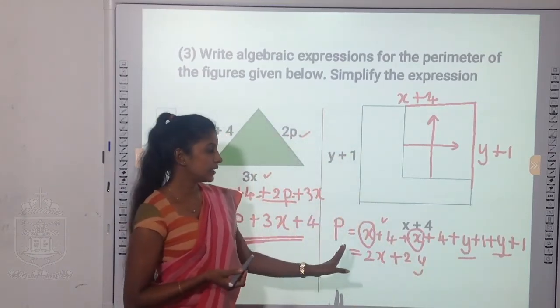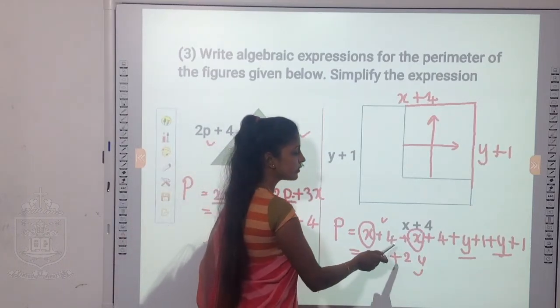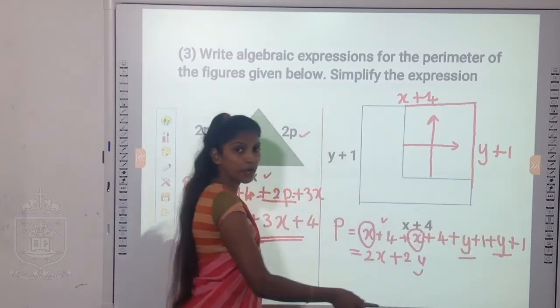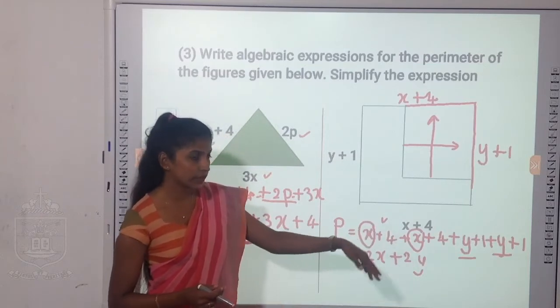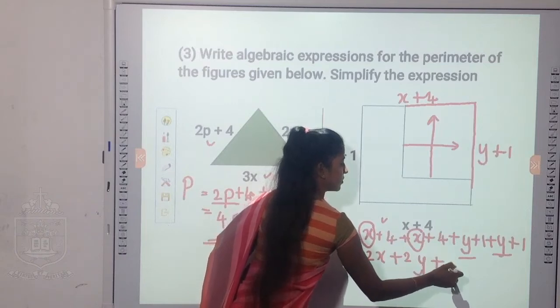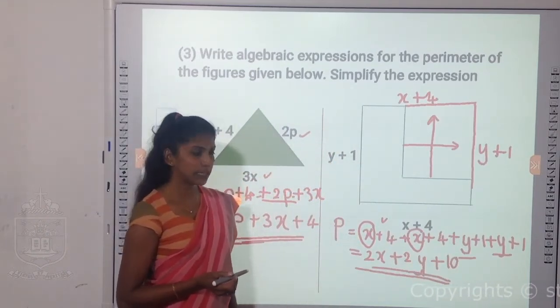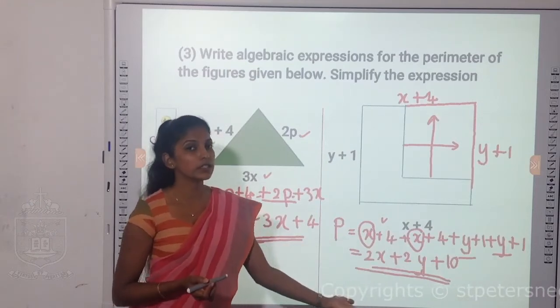And now finally you have to add all the numbers. So when you consider the numbers, what are the numbers? 4, 4, 1, 1. So 4 plus 4, 8, and with that 1 and 1 it will give you 10. So this is the final expression that we can develop, that will become the final answer since you have 3 different terms. Okay.